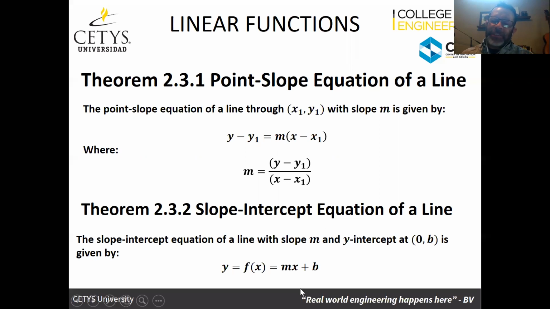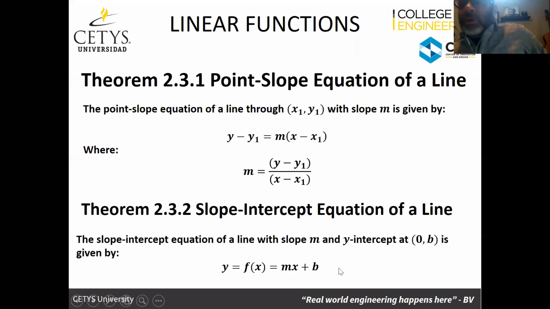There's another general representation called the slope intercept equation. The only difference between the point slope equation and the slope intercept equation is that we know the slope and we also know where the line crosses the y-axis. That coordinate is given by (0, b), and in this case the expression is y equals mx plus b.